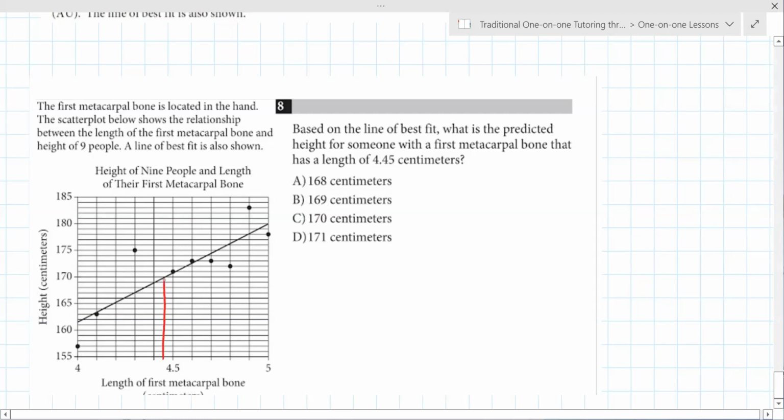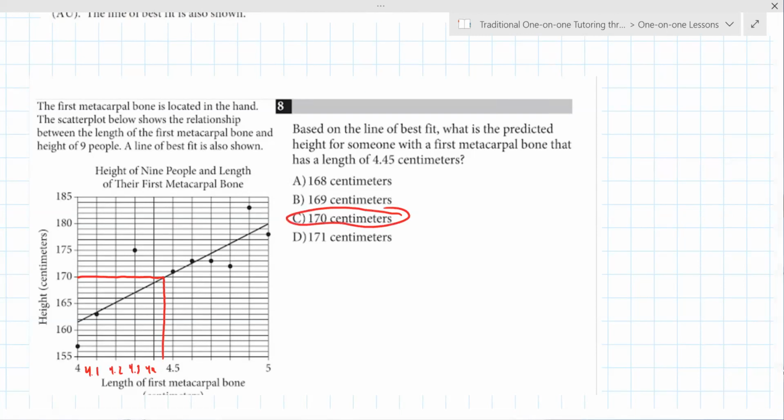This is where you're going up and hitting it. Oh, I went on the other side. Maybe you can't see it because it's just going screen to screen, but it's 4.1, 4.2, 4.3, 4.4. So 4.5 is right in the middle there. So I see it as 170. The answers are kind of tight together. It's a tough one to do here.